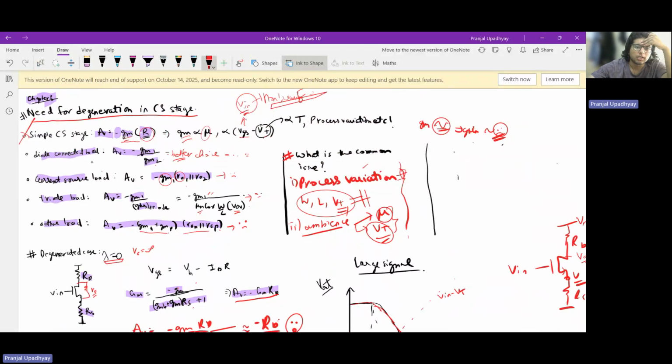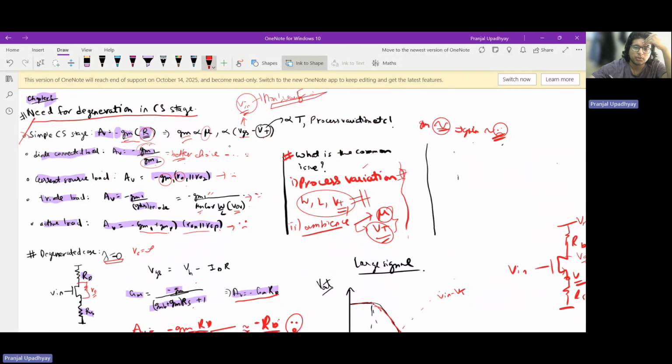For the diode connected device, we have the expression GM1 by GM2. Here the variation in VT can be compensated because of the ratioing action. But one term still depends on Vin and the other on Vout, so there is still some nonlinearity to some degree.